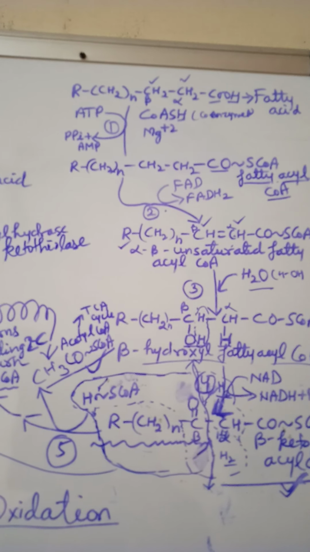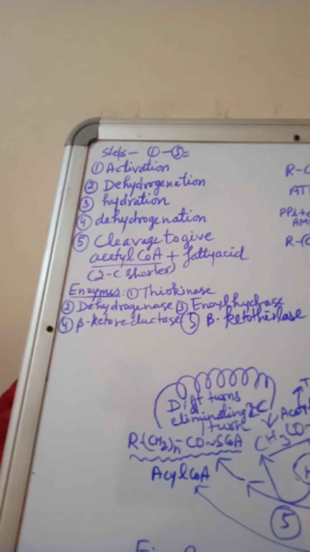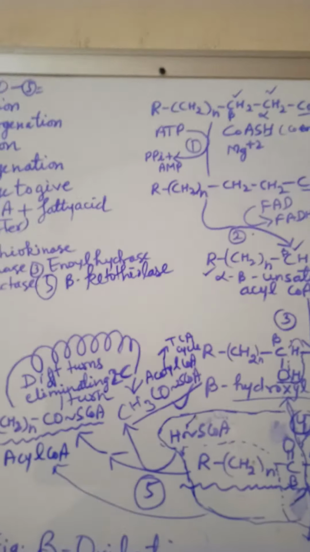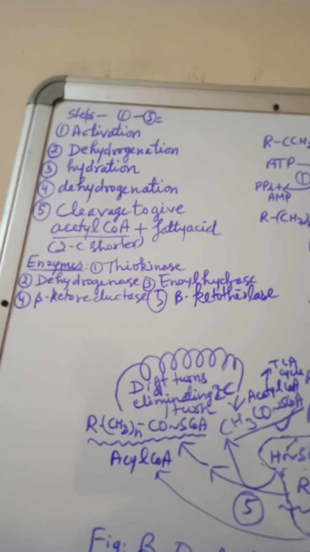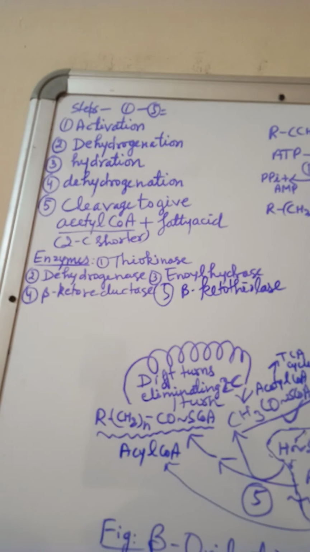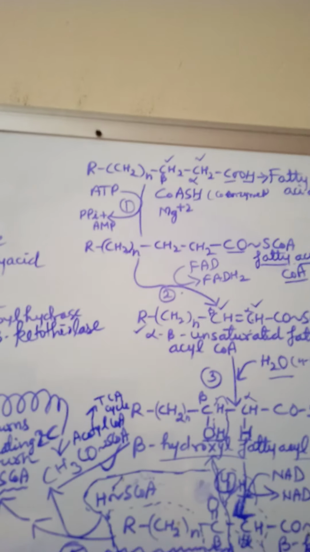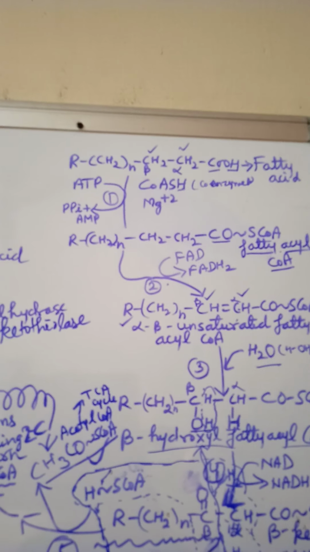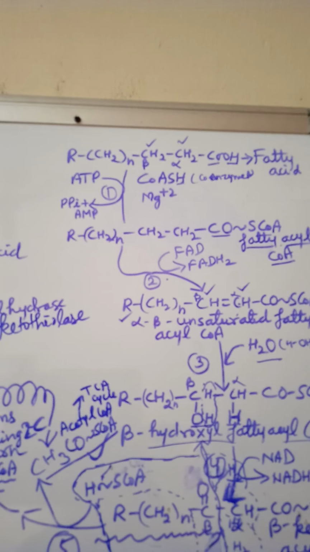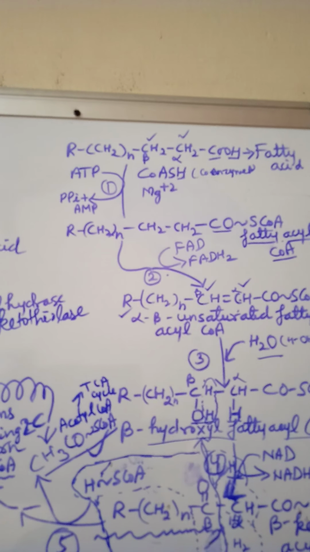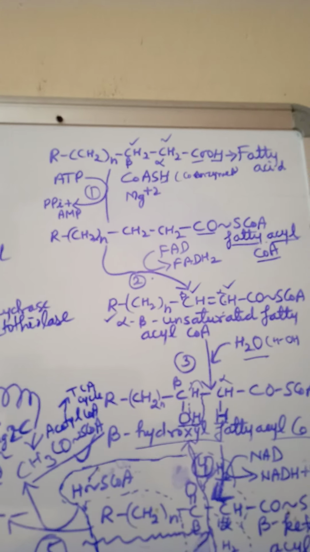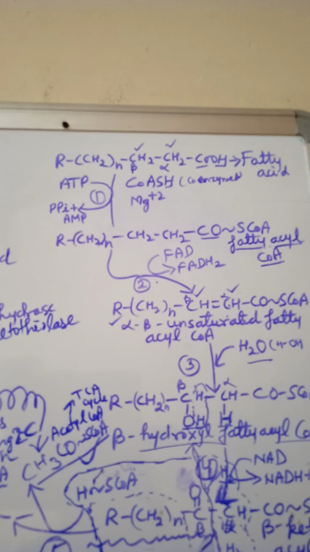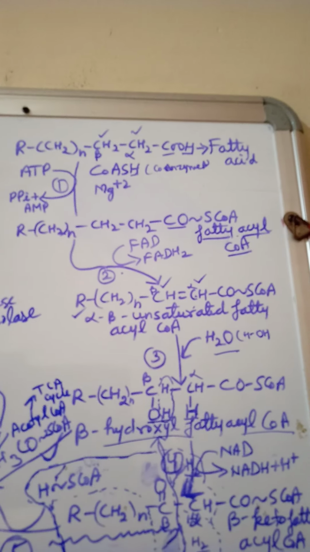For this you always have to keep in mind that these are the major steps and these are the enzymes, and during each step there will be the role of a particular enzyme. So add the role of the enzyme during each step, and the other elements and conditions present in order to convert the initial compound into the next step.